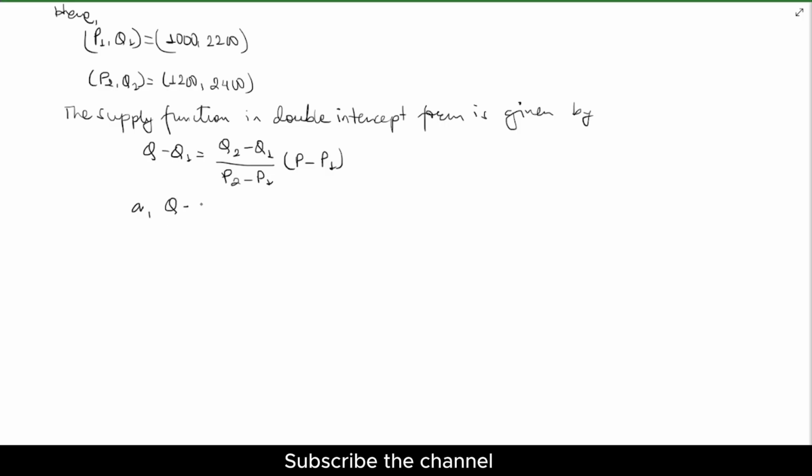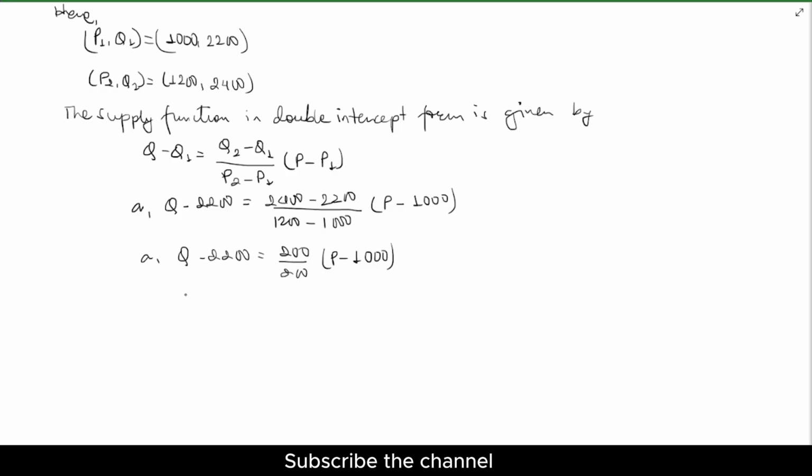Q minus Q1, that is 2200, equals Q2 is 2400 minus 2200 over 1200 minus 1000, then P minus P1, the price, is 1000. Or Q minus 2200 equals 200 over 200 times P minus 1000.